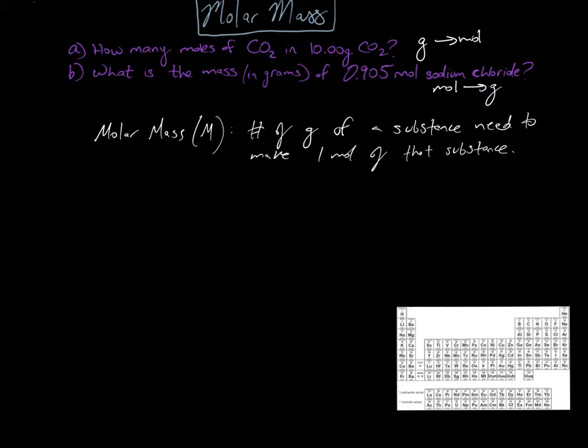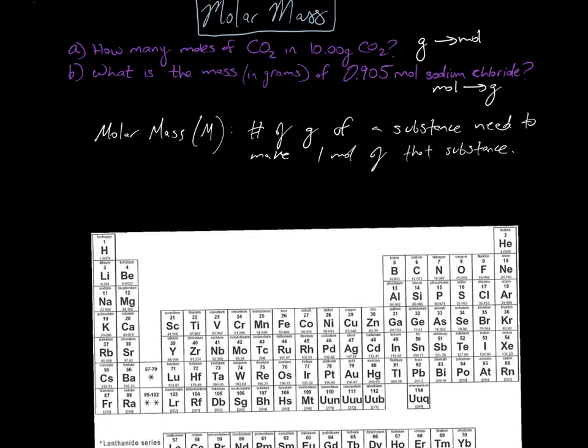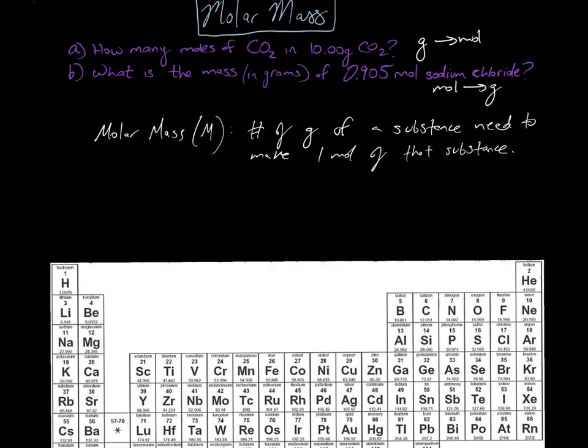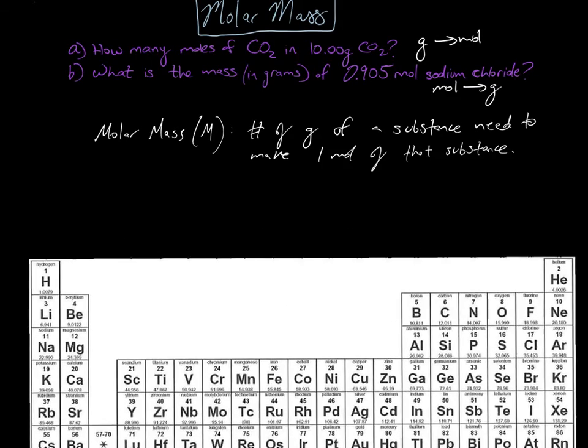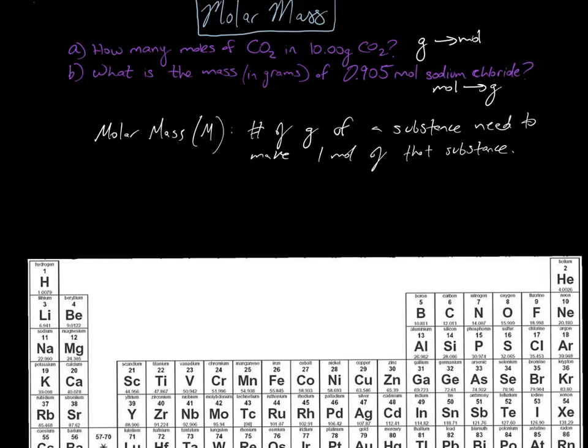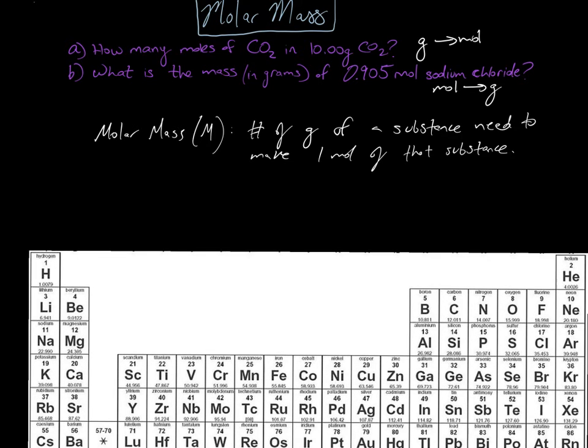Now you would wonder, how do I calculate the molar mass? Is there a special formula? Well, it's actually a lot easier than you think, and it really relates to how you found atomic mass. If I were to ask you for the atomic mass of carbon dioxide, you would say, oh, that's an easy one.